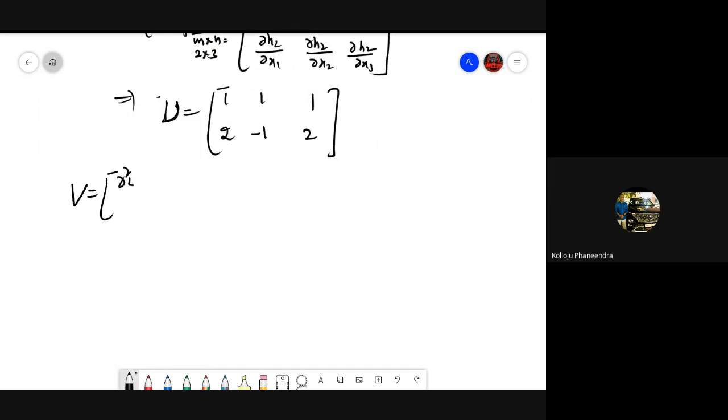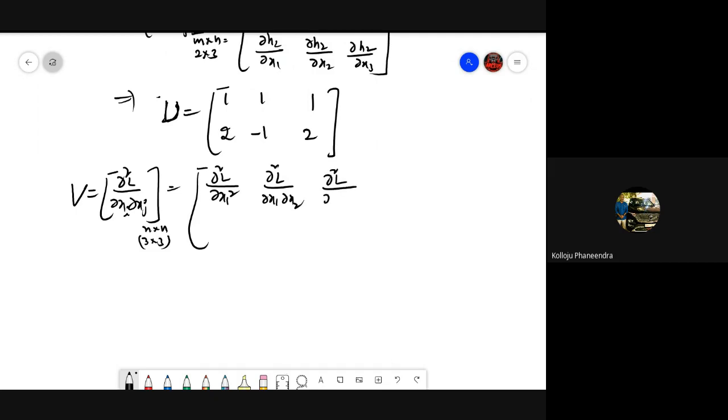What is V? Dou square L by dou Xi dou Xj, nothing but an N by N matrix. N by N means a 3 by 3 matrix. So dou square L by dou X1 square in the 1 1 position, X1 X2 in the 1 2 position, X1 X3 in the 1 3 position. Next, second row, 2 1 position, 2 2 position X2 square, 2 3 position.